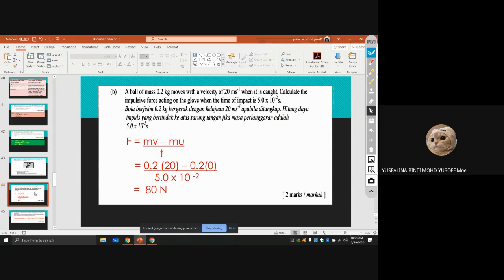So 0.2 times 20 minus 0.2 times 0, we assume the ball is stationary, and the time is already given, so you get the answer 80 Newton. If you're not sure about the unit, then don't put the unit.